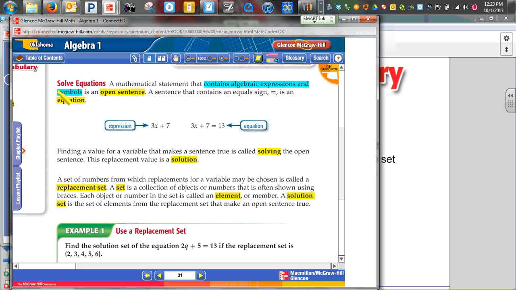And there's an easy one right there. It says it contains an equal sign and it's an equation. Okay. And then just here's an example. Put it for an algebraic expression, or you can put this one too right here.